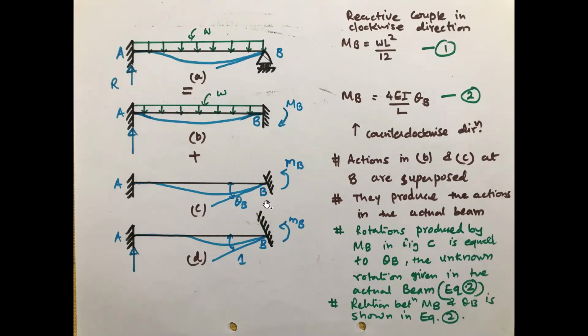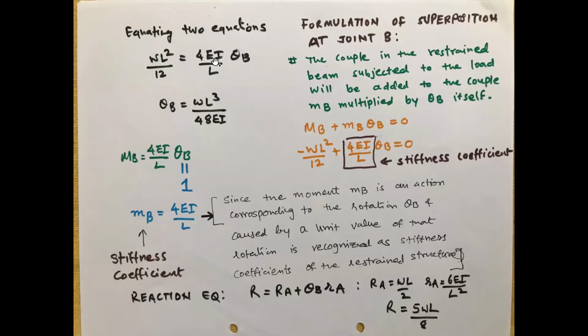To get the value of theta B, I simply equate the rotation produced by MB in figure C to theta B, the unknown rotation in the actual beam. Compare equations 1 and 2, because the second moment in diagram B has to be equal and opposite to the moment in diagram C. So by equating the two, WL square by 12 is equal to 4EI by L into theta B, and I get theta B as WL cube by 48 EI.